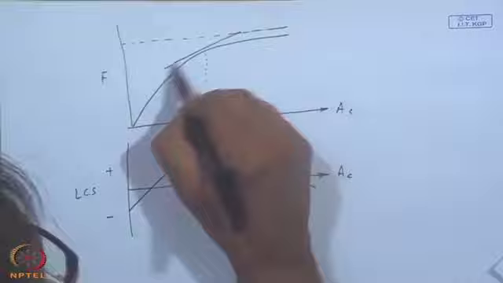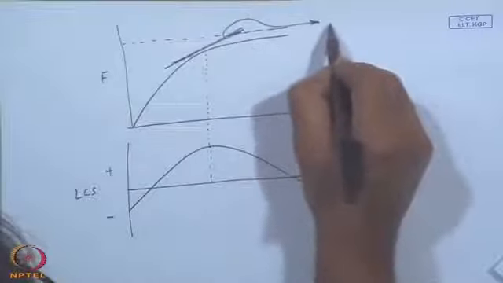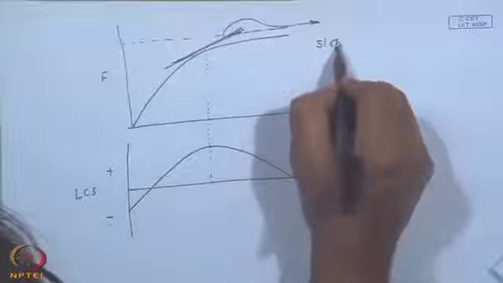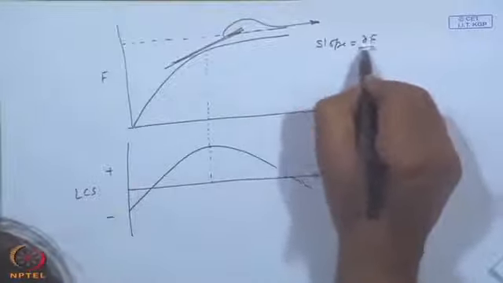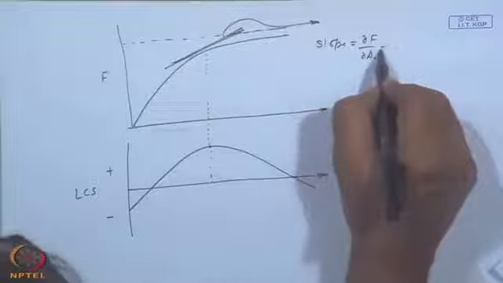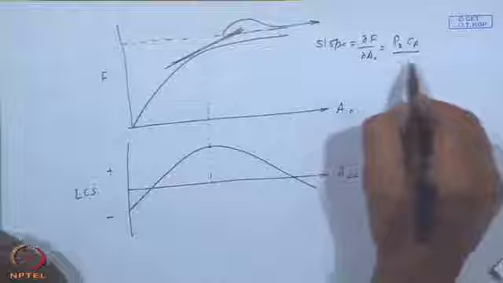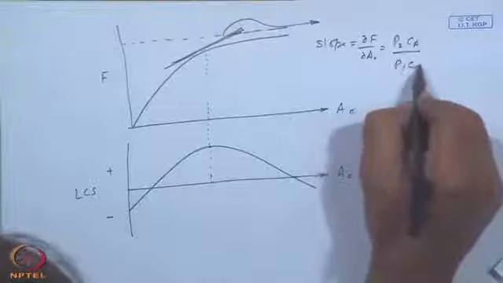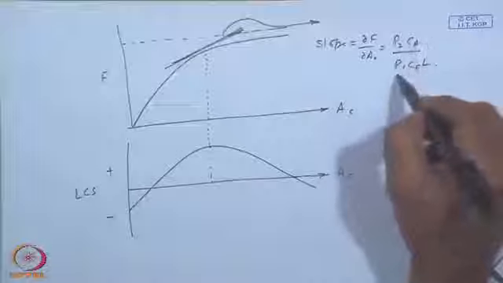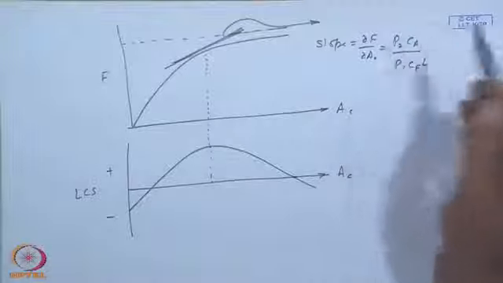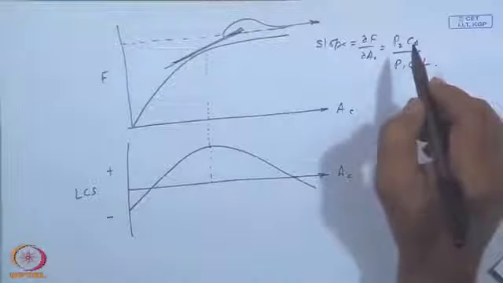So, if you draw a line with slope equal to, of course, dF by dAC is P2 CA by P1 CFL. So, you know this number, having calculated P1 and P2, CA is known, CF is known, L is known. Okay.